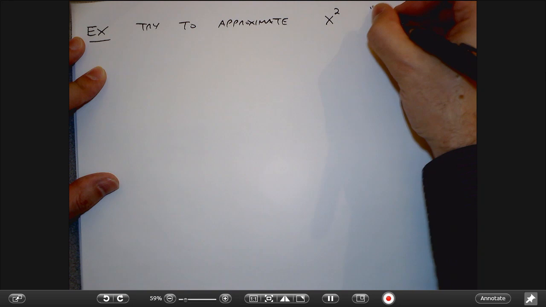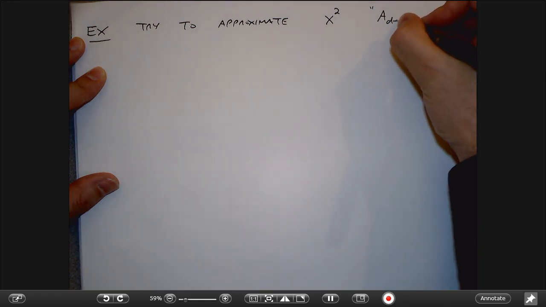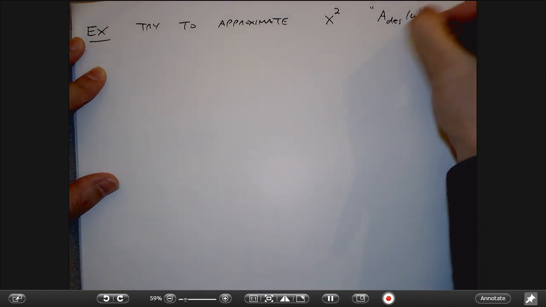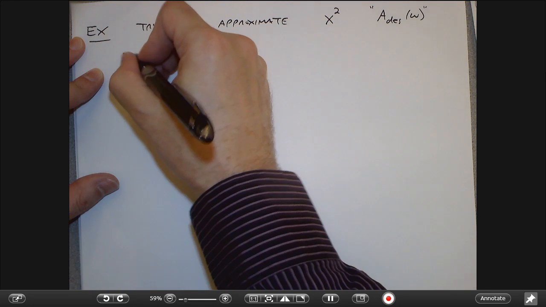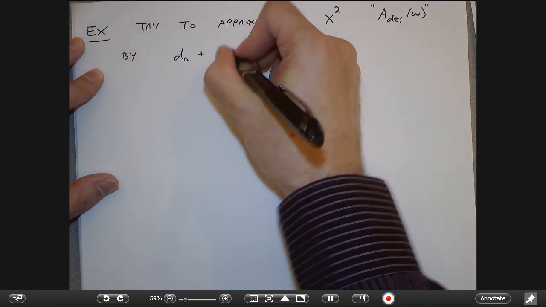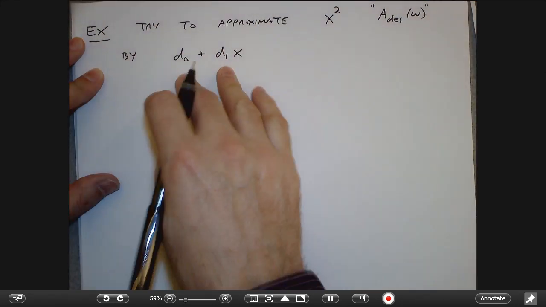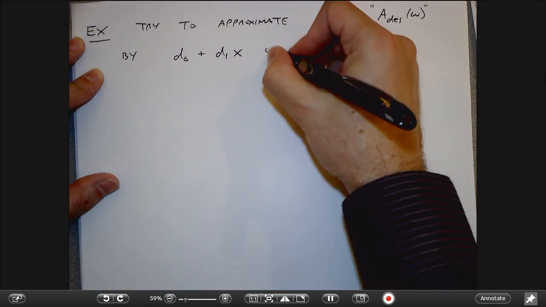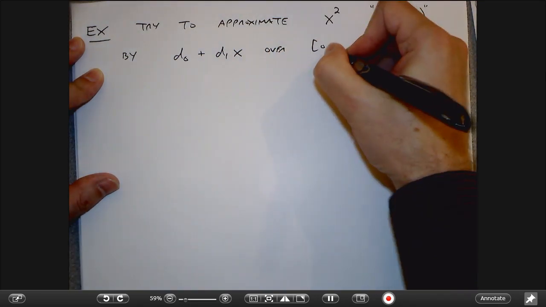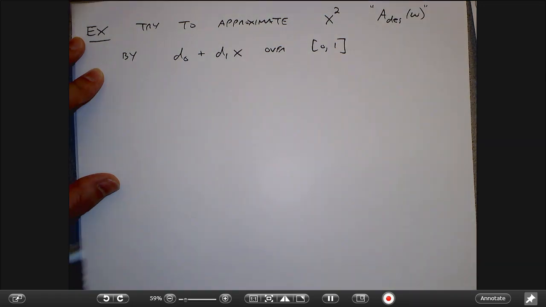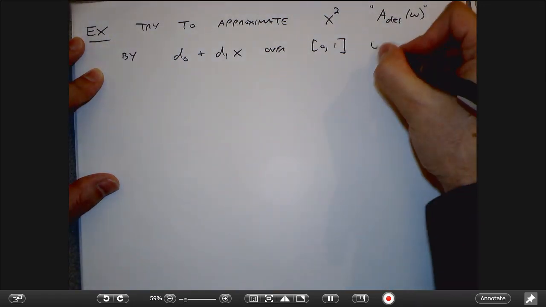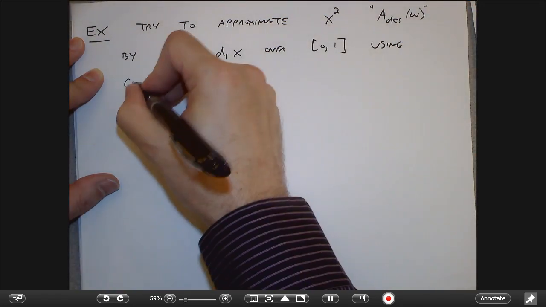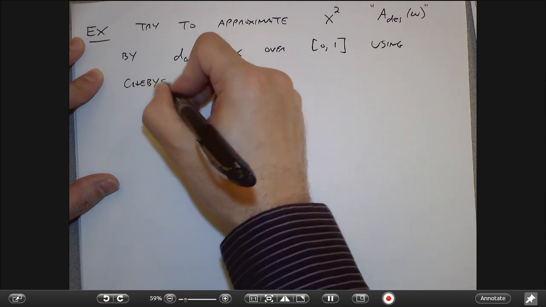So this is going to play the role of my desired function of omega by a polynomial with two coefficients. And my frequency range is going to be from 0 to 1 instead of 0 to pi. And I'm going to use my Chebyshev error.